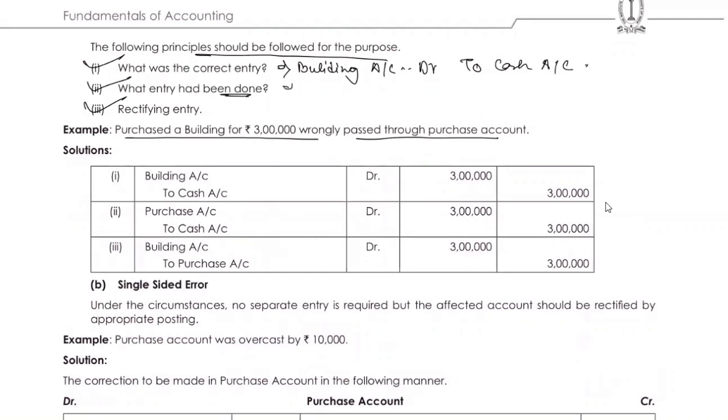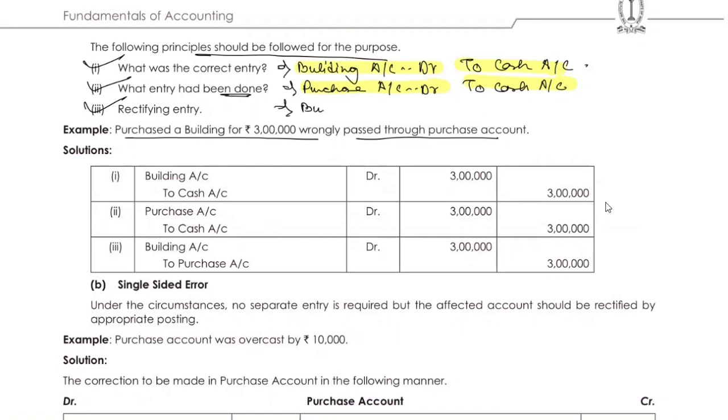They have done purchase account debit to cash. Cash account should have been credited and it is credited. The mistake is that purchase has been debited, whereas building account should have been debited. So once purchase is debited, if I credit the purchase, my entry will be rectified.